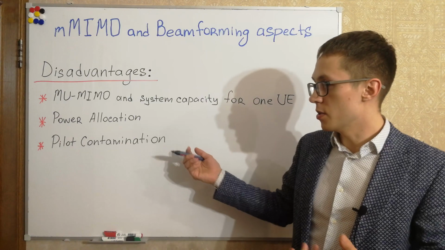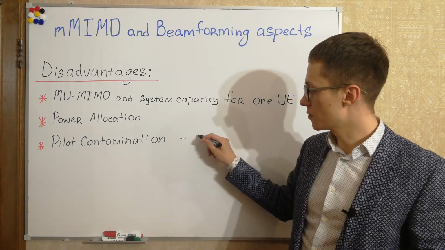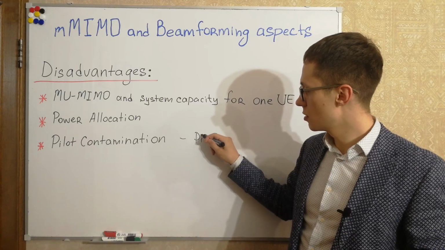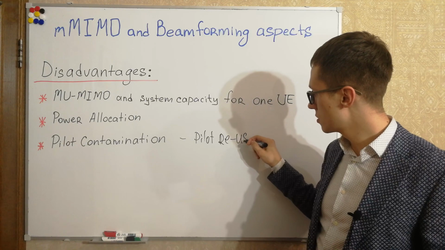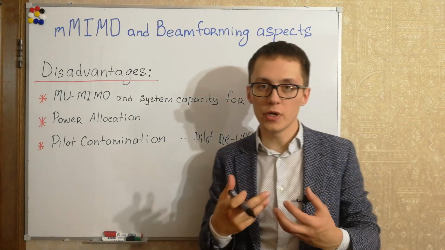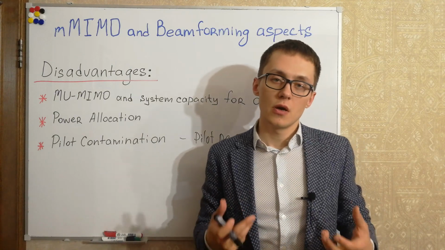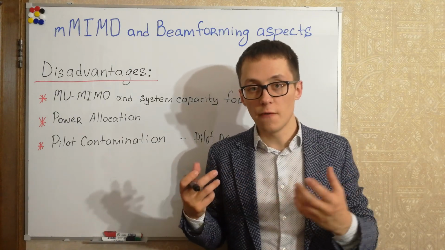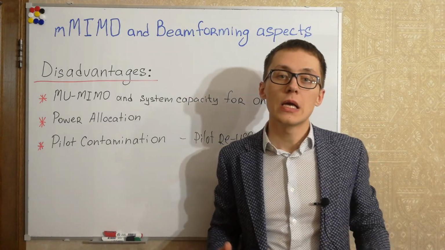Actually, there is probably only one solution, which is to use pilot reuse in order to avoid such contamination. But again, resources are usually not so available, they are limited, and this can be a problem as well.